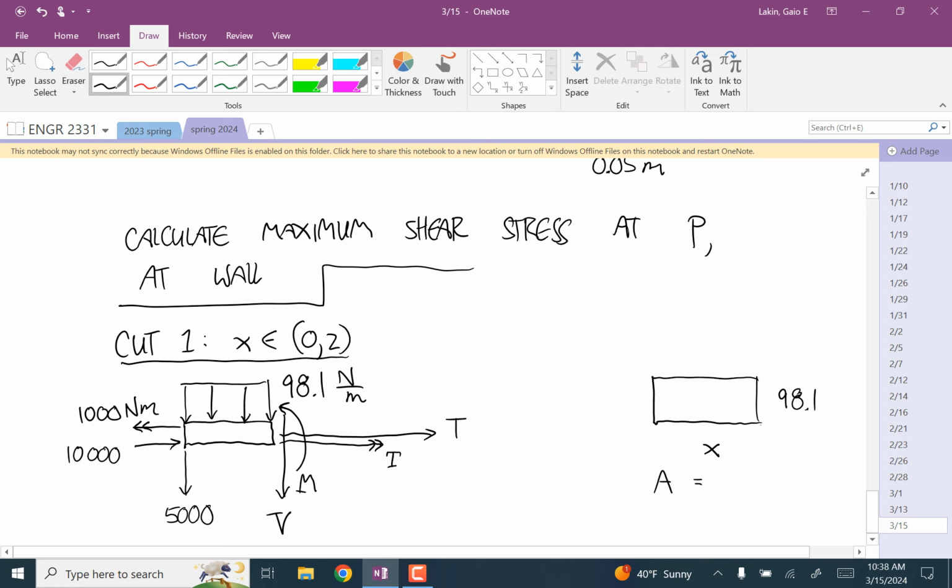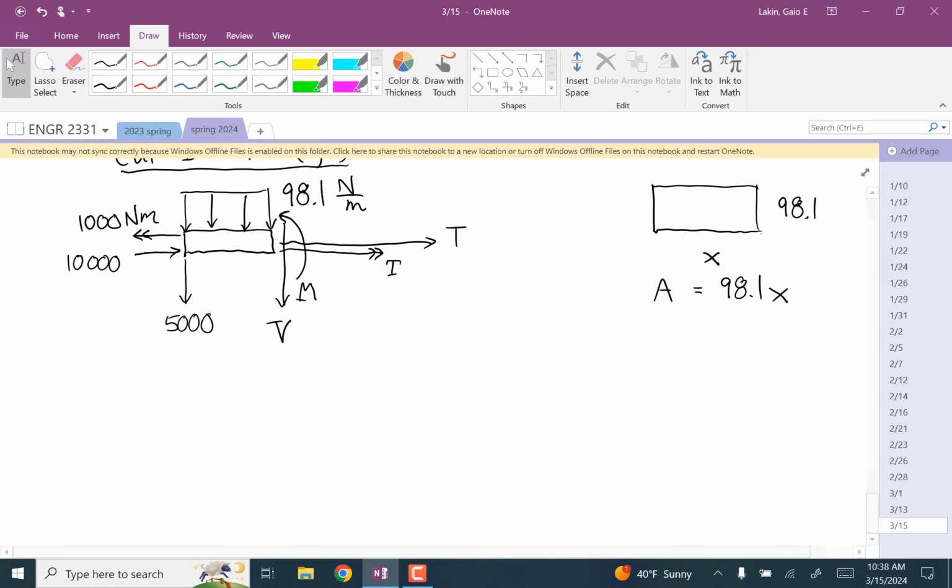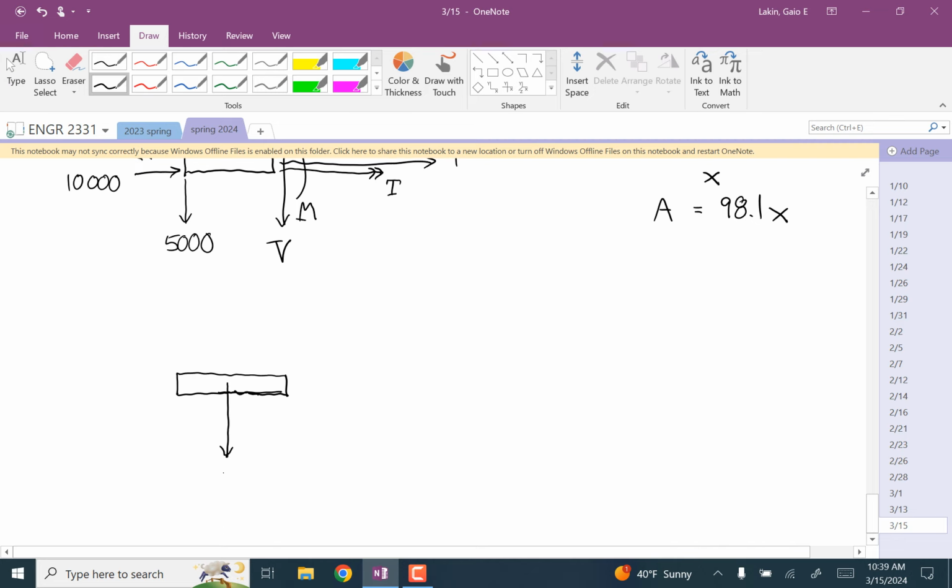So the total point force is 98.1 x. So I'll redraw this now. We have a point force at the middle of 98.1 x.